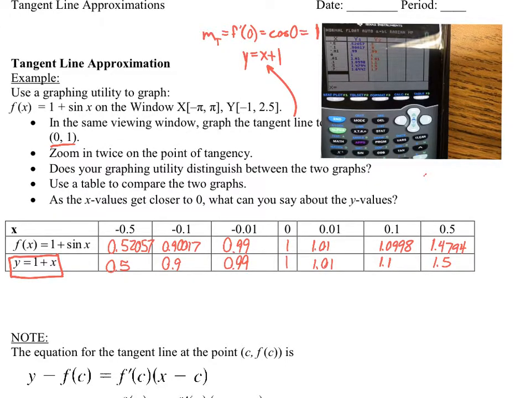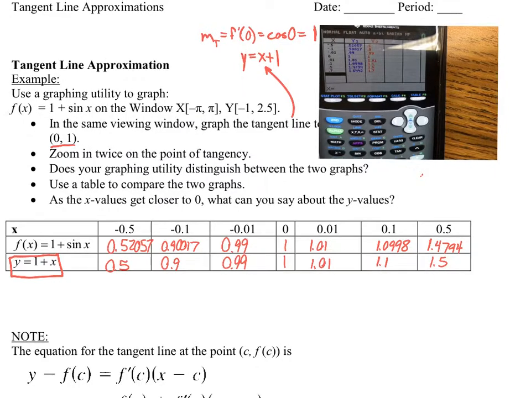Now, if we went out enough decimal places, we would eventually see a difference, okay? But because we have zoomed in so close to this point of tangency, where they are equal, if we're close enough to that point, the line will be approximately the same value as the function, okay?